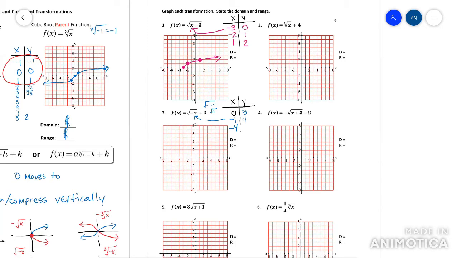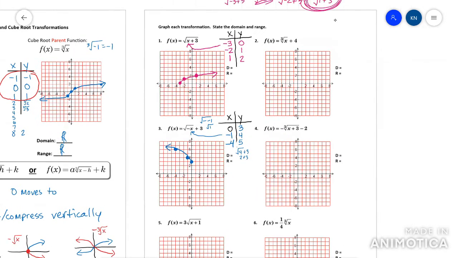Root of -4, which is root 4, which is 2, plus the 3, which is 5. So the coordinates here are 0, 3, -1, 4, -4, 5. And that just takes the opposite square root function like that.